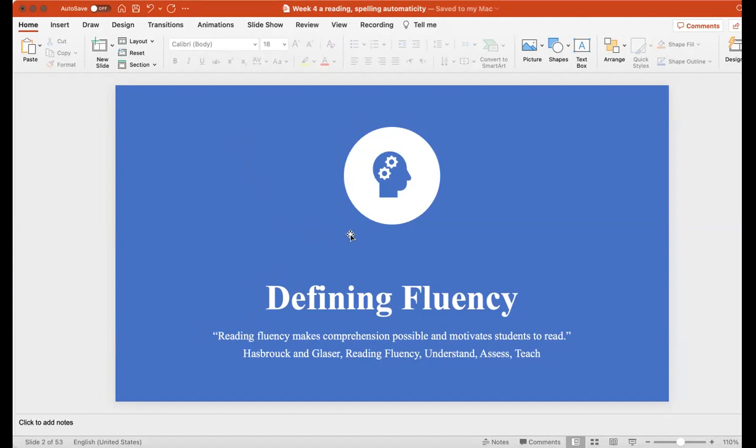So that's the definition of fluency. When our students first learn the consonants and vowels, they have to really think about the circuitry in the left hemisphere between all of the different parts of the brain. But as those different neurons fire together, they start to wire together, make literal connections.